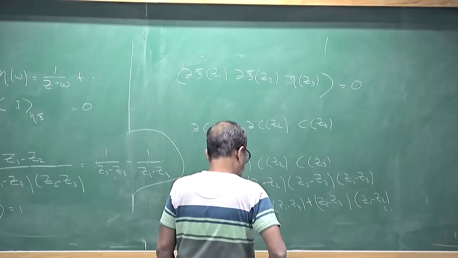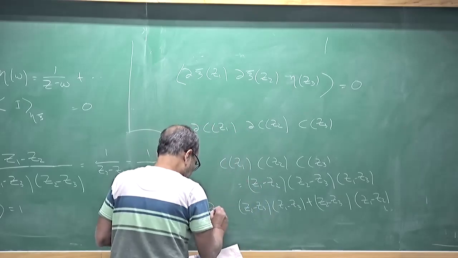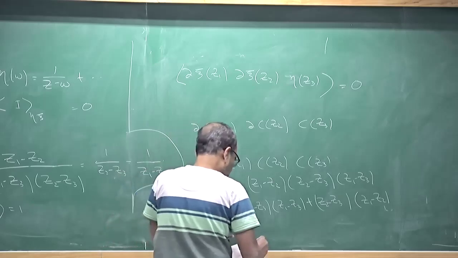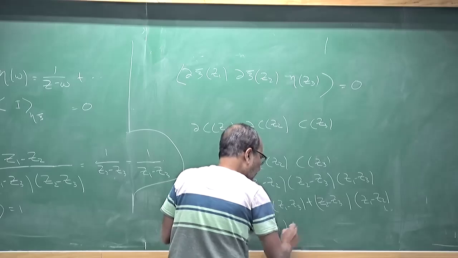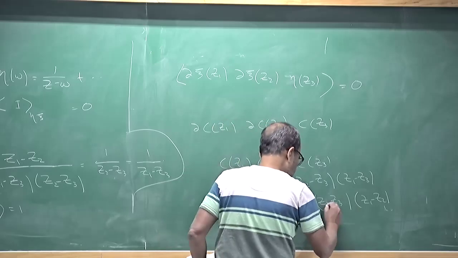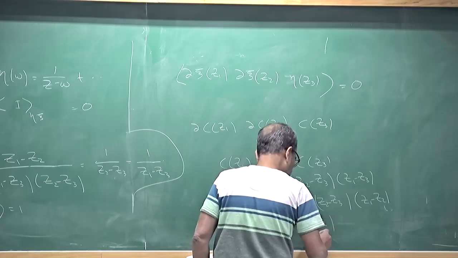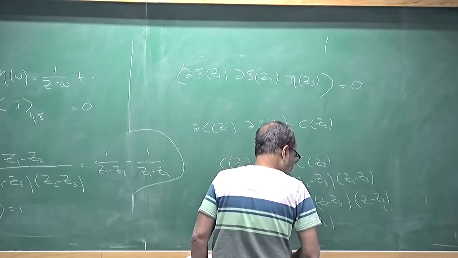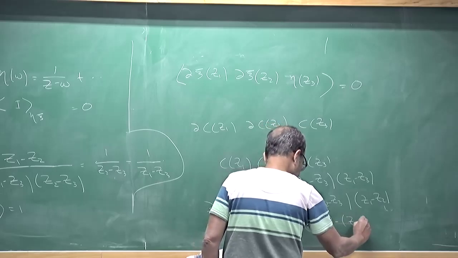And now, this is after del del Z1, right? And now you take del del Z2 of this. So this will give you Z1 minus Z3 plus this gives you Z1 minus Z2 and this gives us minus Z2 minus Z3.